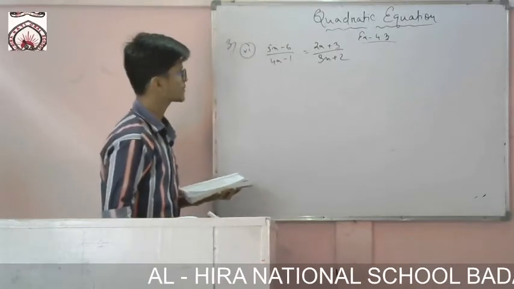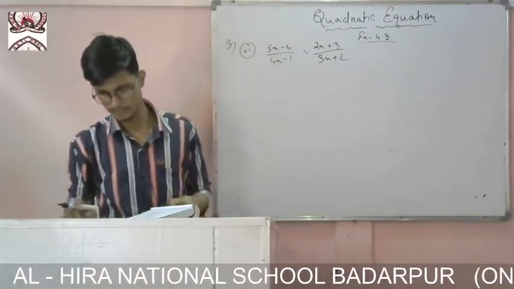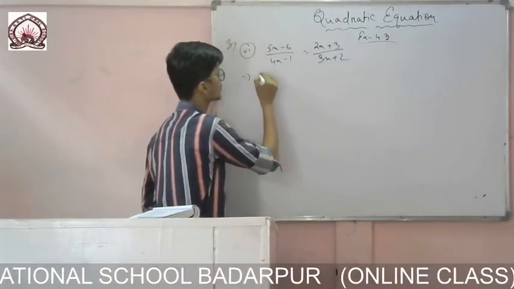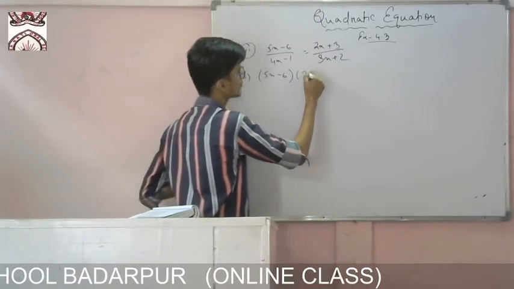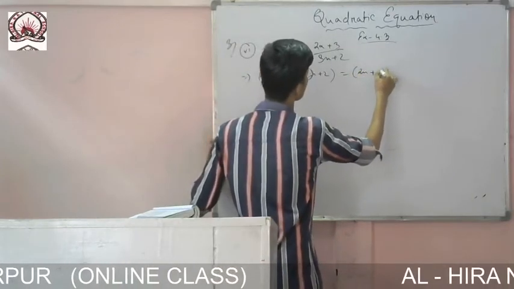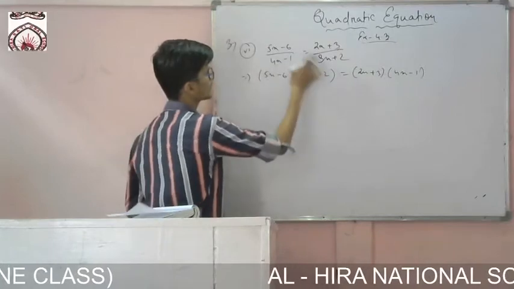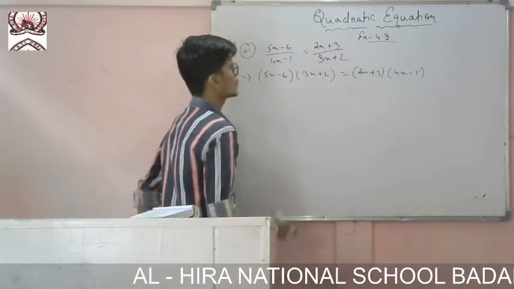First of all I will convert it. I will do cross multiplication. So it will be 5x minus 6 into 3x plus 2, and that side it will be 2x plus 3 into 4x minus 1.